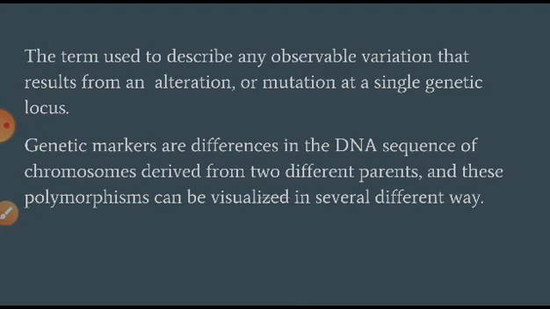That is what they find, the marker, and then they follow that. Genetic markers are differences in the DNA sequence of chromosomes derived from two different parents, and these polymorphisms can be visualized in several different ways. Once these differences are identified or marked, they are the markers.